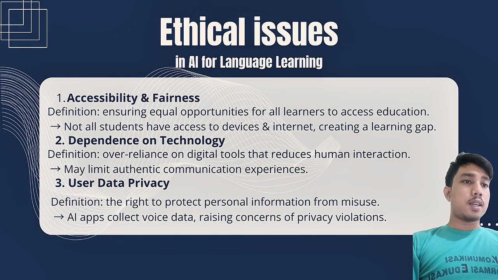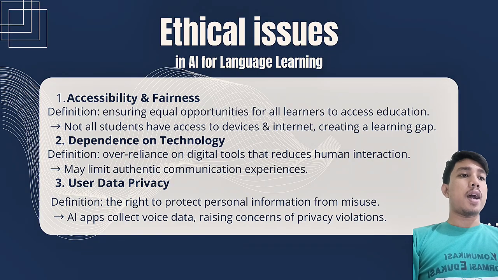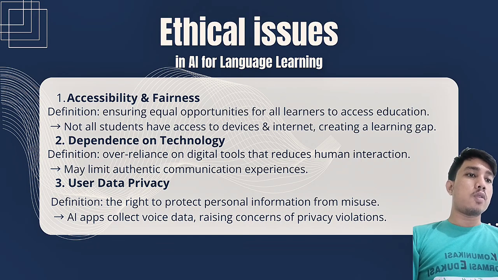The next slide explains ethical issues in AI for language learning. The first is accessibility and fairness. Definition: ensuring equal opportunities for all learners to access education. Not all students have access to devices and internet, creating a learning gap.